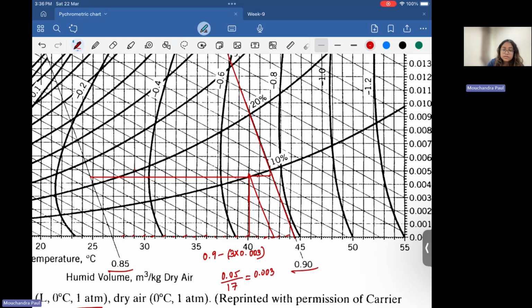That means it should be approximately 0.89. So you can do a similar thing to find an approximate humid volume at the given condition.